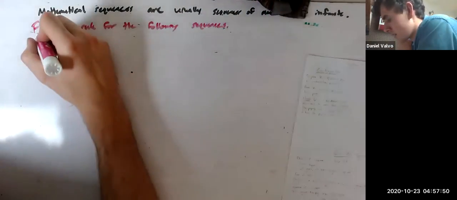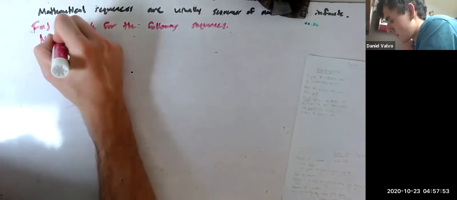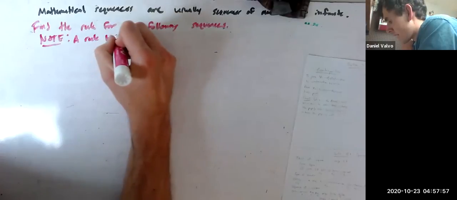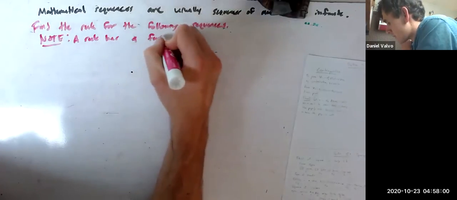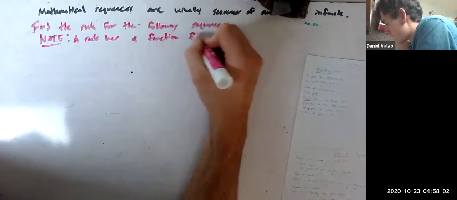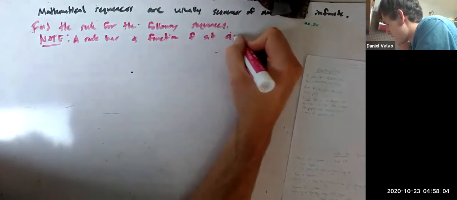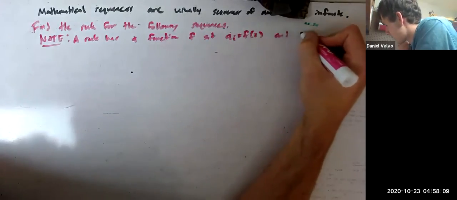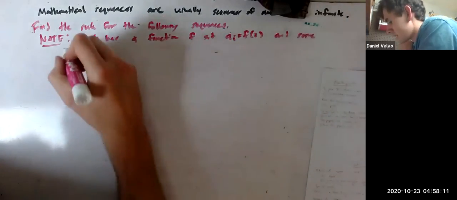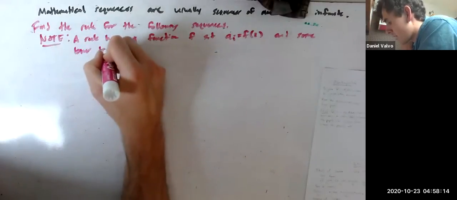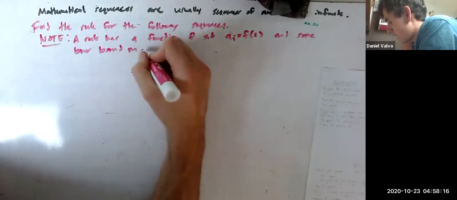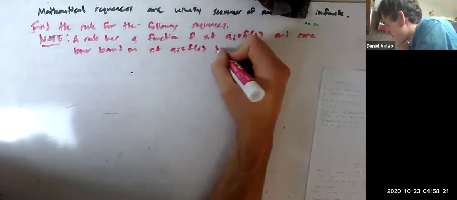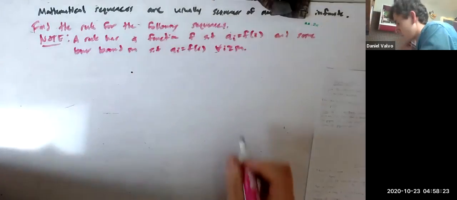And so note, a rule has a function f such that a_i equals f of i, and some lower bound m such that a_i equals f of i for all i greater than or equal to m, right?